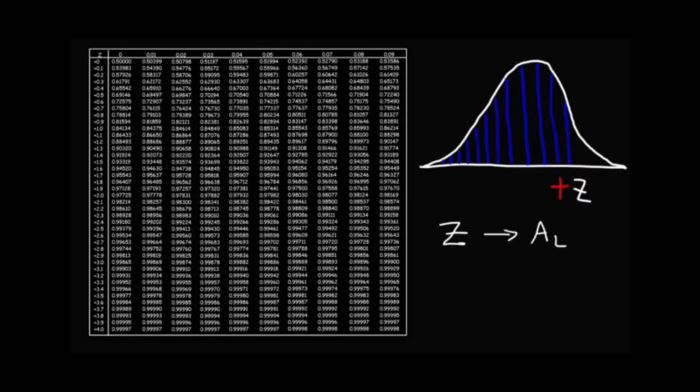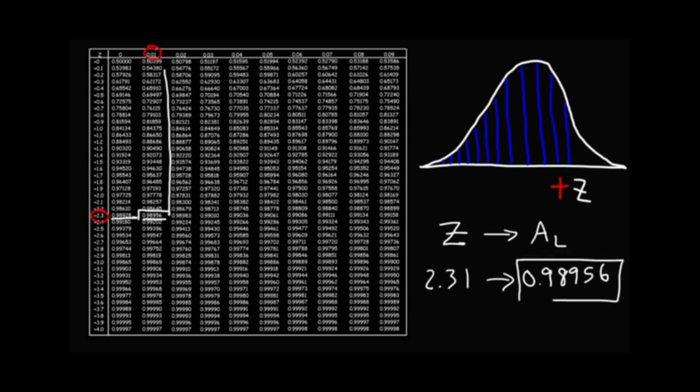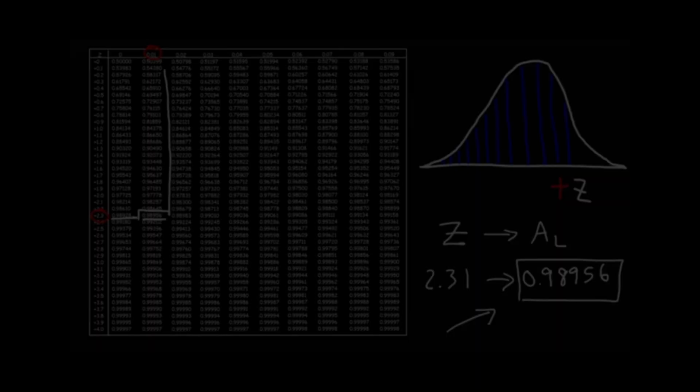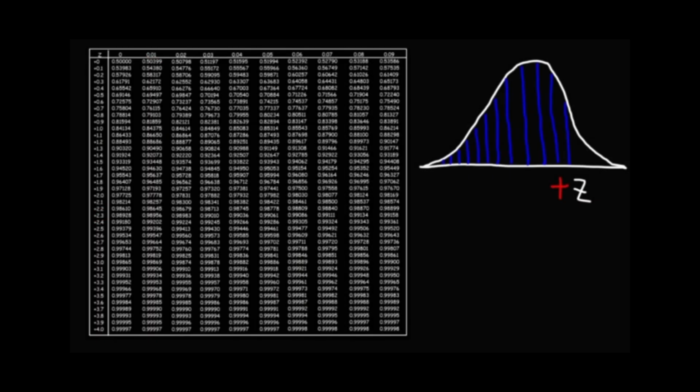So we need to find the row with a value of 2.3 and the column with a value of 0.01, because our z-score, if you recall, is 2.31. The area value that intersects that row and column, as we can see here, is 0.98956. This is the area value that corresponds to a z-score of 2.31.